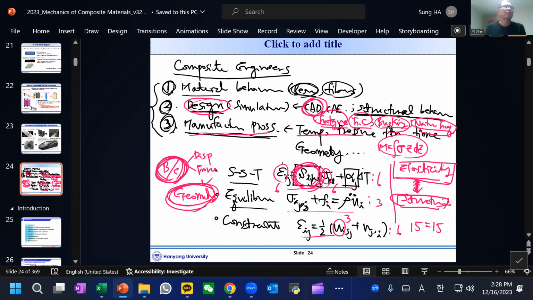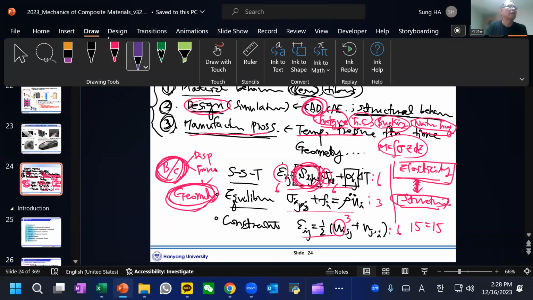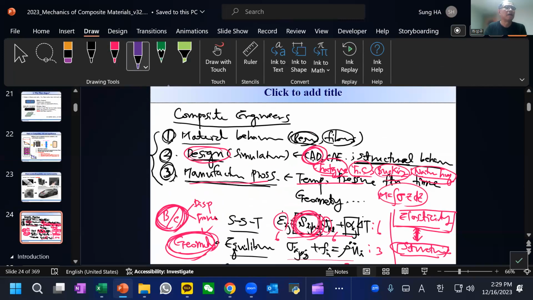So what we covered so far in this class is that we reviewed the manufacturing procedures. Not much, but we covered the infusion. Basically, the manufacturing procedure means resin and fiber: how can we combine them?